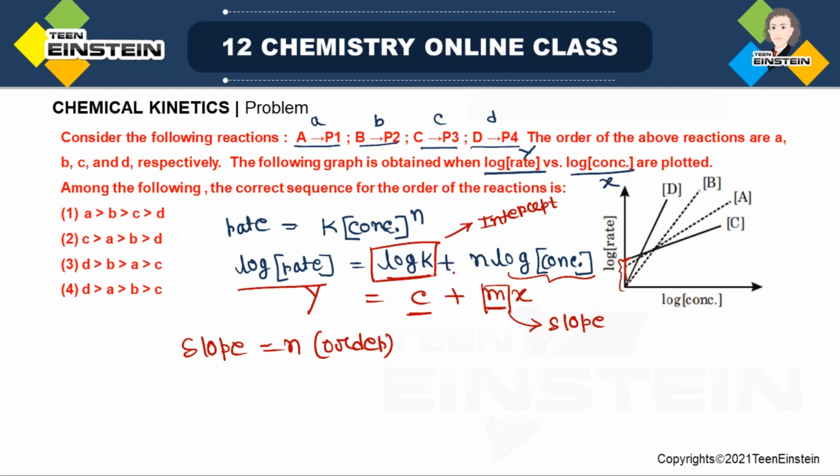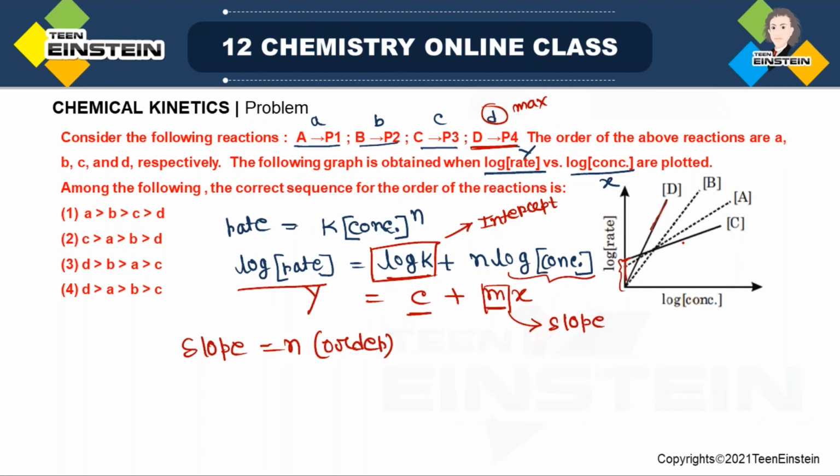Now from the graph given in the question, we can easily understand in which case the n value is maximum. If we look at the lines carefully, this is the steepest line among the 4 lines, so the order for the reaction D to P4, d, will be maximum.